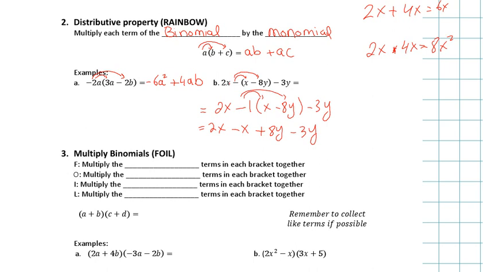So what you can do is put it there. Now, after we do this, we collect like terms, because every time the question says simplify or expand and simplify, we're looking for the lowest terms possible. So in this case, it will be 2x minus x, which is x, plus 8y minus 3y is plus 5y.